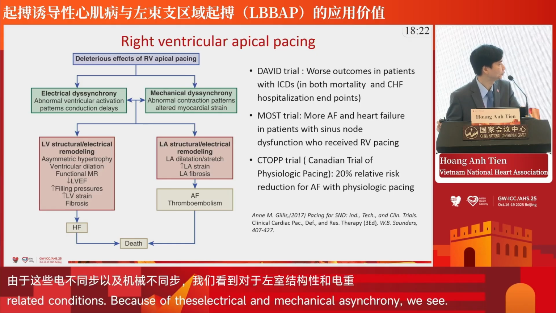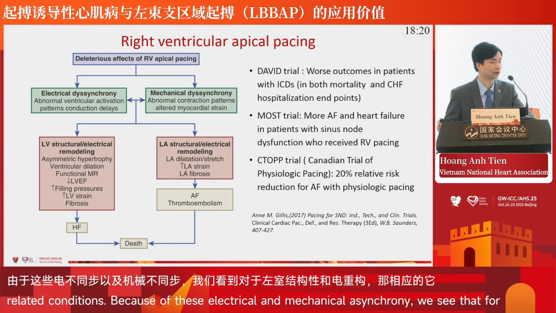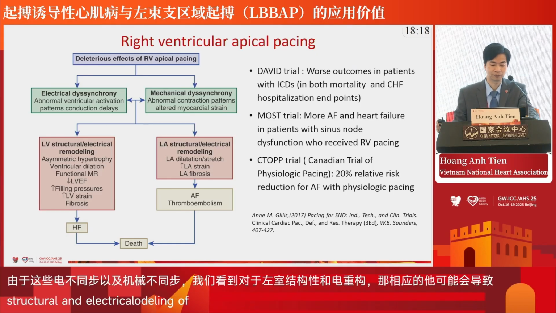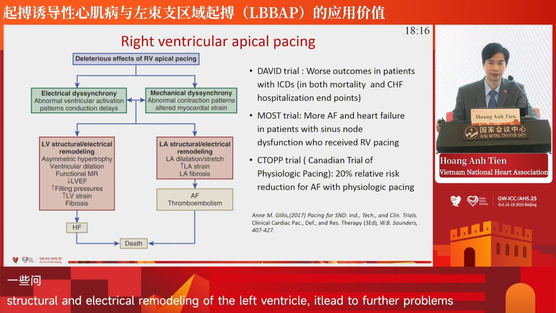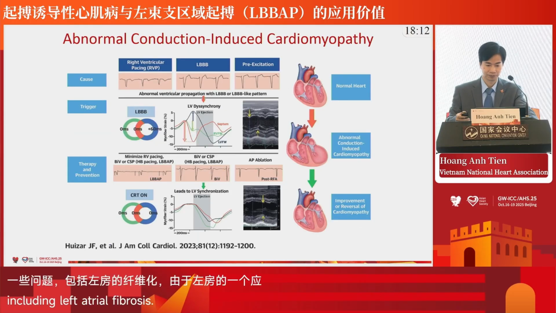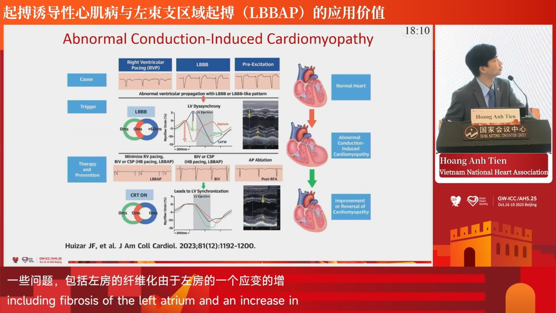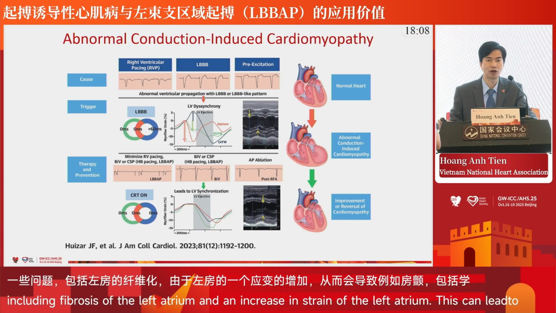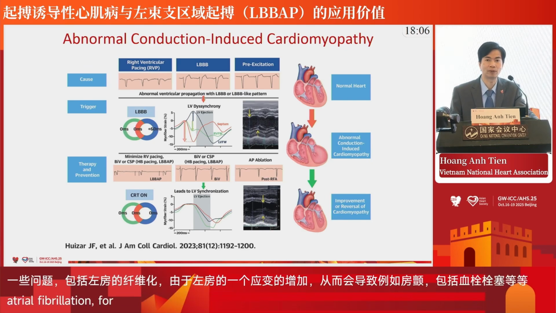It can lead to heart failure, atrial fibrillation, thromboembolism, and the next stage is death.